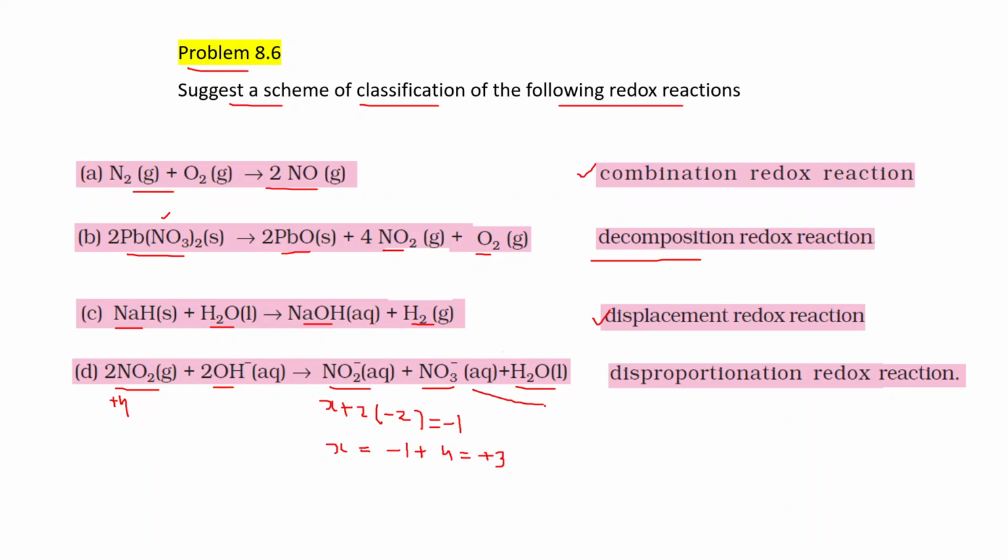In NO3 minus, X plus 3 multiplied by -2 is equal to -1. Now what is the value of X? X is equal to -1 plus 6, so this is +5. So +4 is changing into +3 in this case and +5 in this case. Oxidation and reduction are simultaneously taking place, so this is an example of a disproportionation redox reaction. Okay. Thank you.